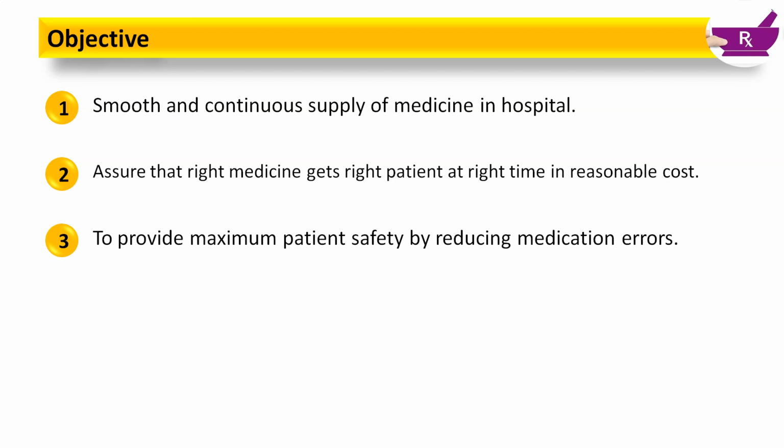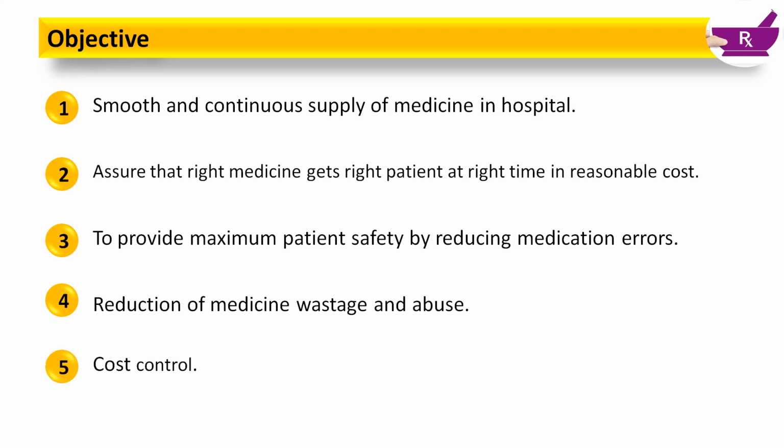Third, to provide maximum safety by reducing all medication errors. Fourth, reduction of medicine wastage and abuse, which is a major problem of concern. Finally, we'll see how to reduce the cost and have control over the cost. These are the objectives of this session.